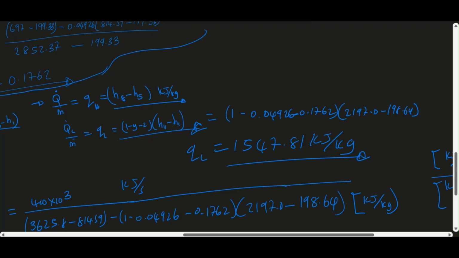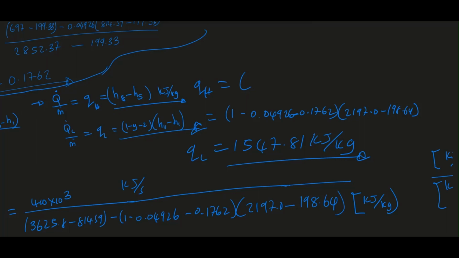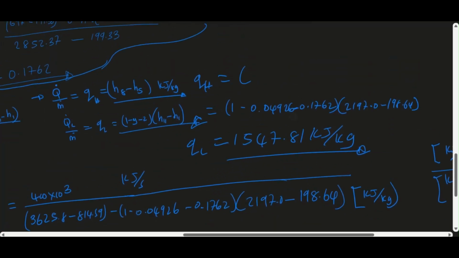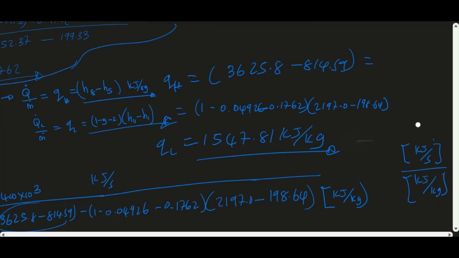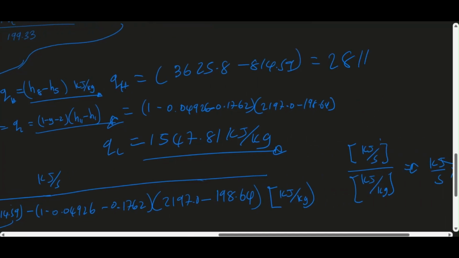And QH is h8 minus h5, that is 3625.8 minus 814.59, which gives us 2811.21.